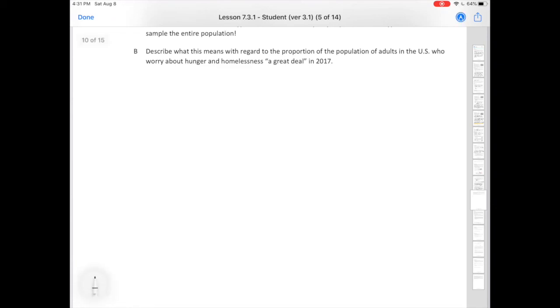So we would say, at a 5% significance level, we always say the significance level when we're talking about a hypothesis test.